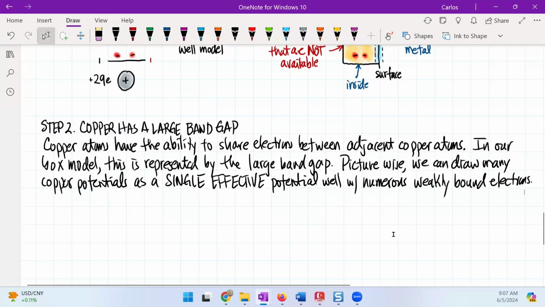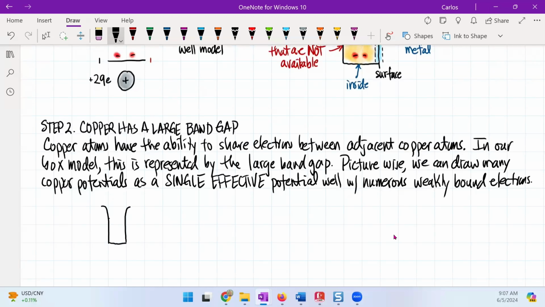So let's see if we can do this here. So picture-wise, I'm going to imagine the following thing. I'm going to start with a box that looks like this. How am I going to draw this? I have a box like this, or a well like this.